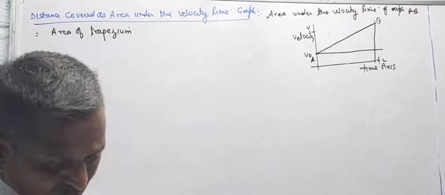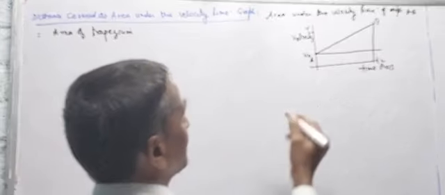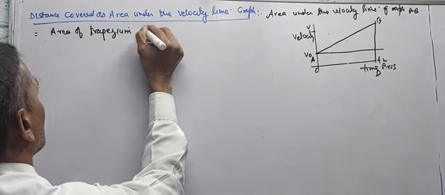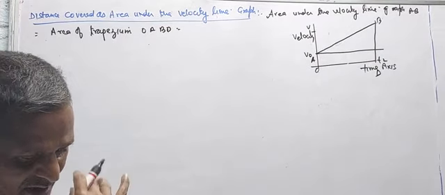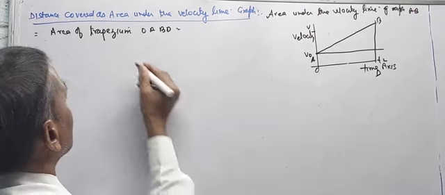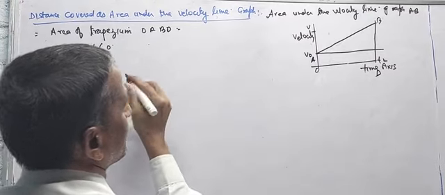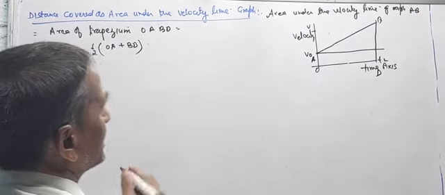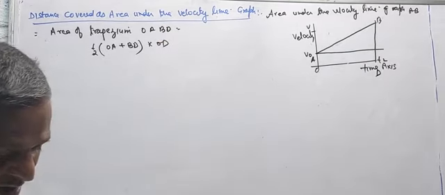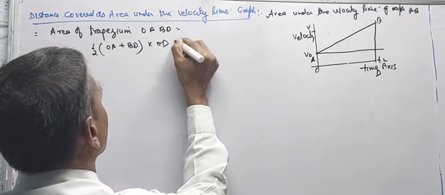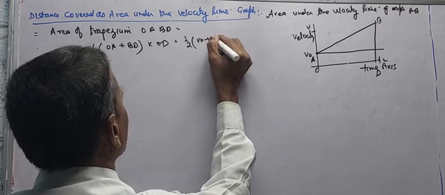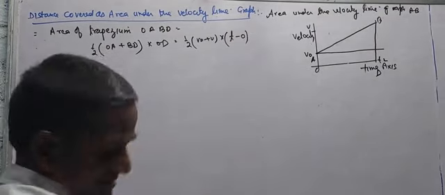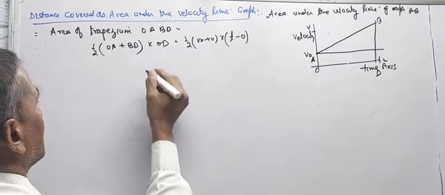So area of trapezium OABD equals 1/2 (OA plus BD) into OD, it becomes 1/2 (v0 plus v) into time (t minus 0).